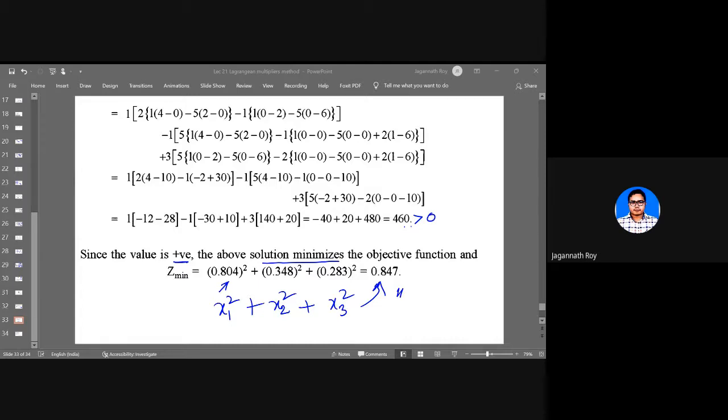For a linear problem, there is no duality gap because at the optimum level, the optimal value of the objective function of the primal and the optimal value of the dual are both equal. So that gap is actually zero for a linear problem, because linear functions are special functions which are both convex and concave.